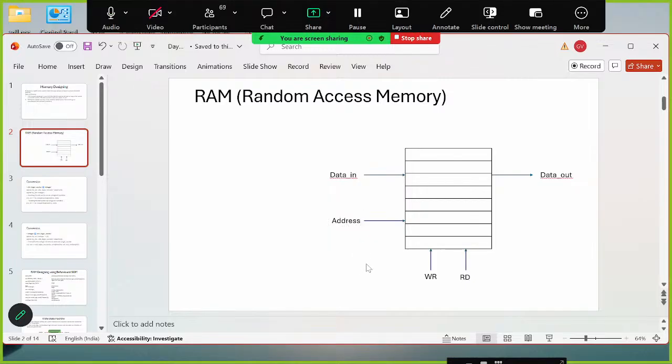How many address lines are there? Means what should be the width of the address line in order to identify these 8 registers? And what should be the width of data input line and data output line in order to write the data or read the data? This is another question now.